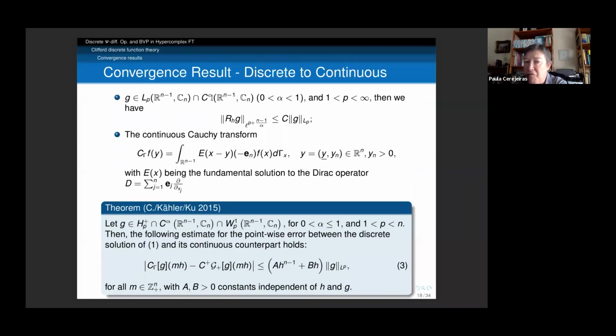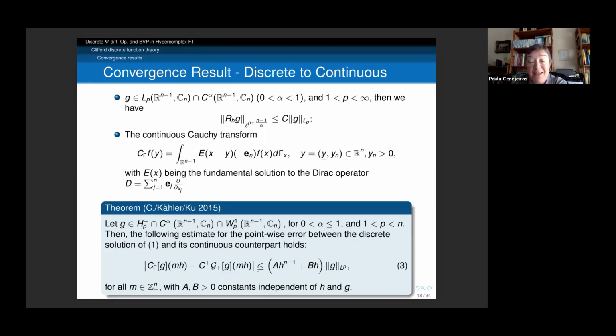But if you have a function in this space, then you can estimate the norm of the restriction to the lattice to be in a small LP space with exponent n minus 1 divided by alpha. And with this, then you can obtain an estimate between the continuous Cauchy transform and the discrete one.